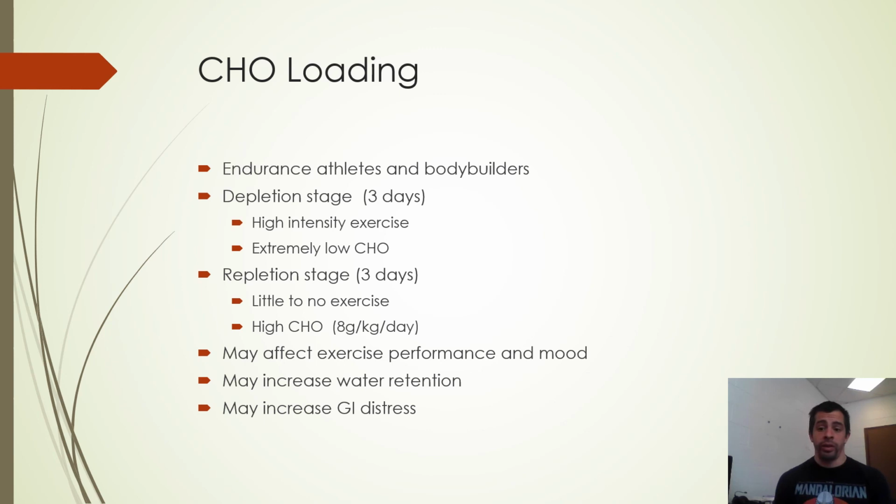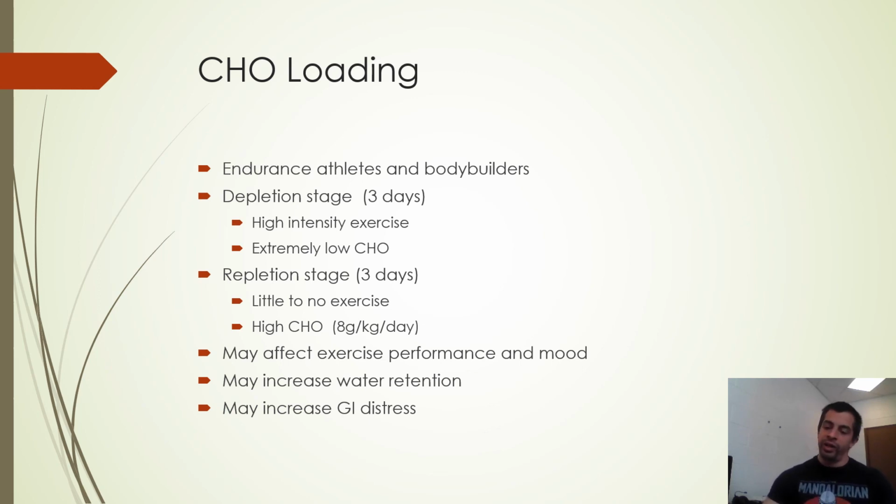Endurance athletes would like to do this because one of the theories of fatigue is that we just don't have enough substrates available. So by being in a supercompensated state, you have more substrates available, and you'll be able to exercise for longer.